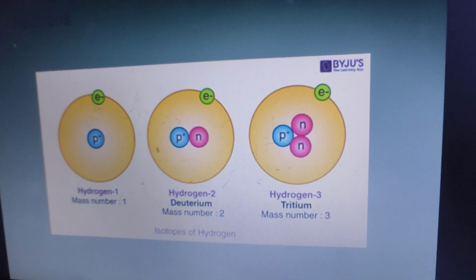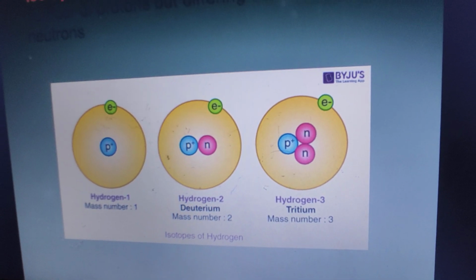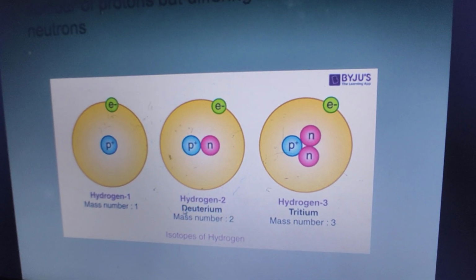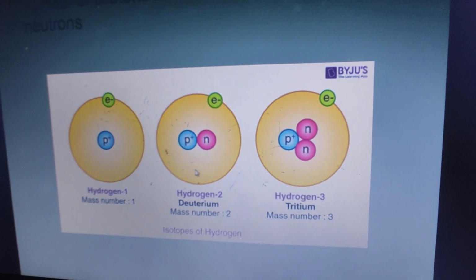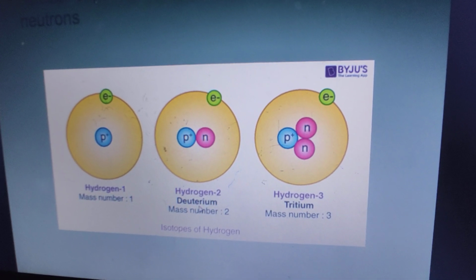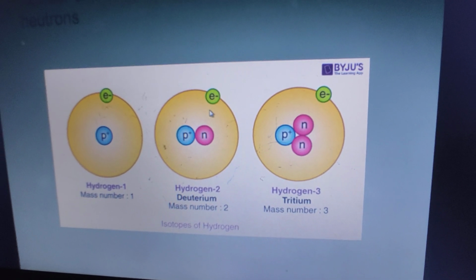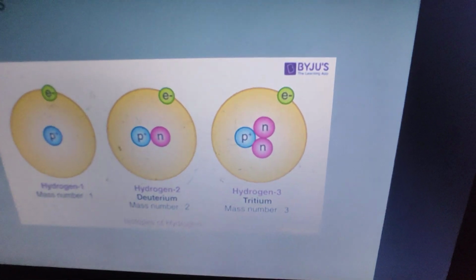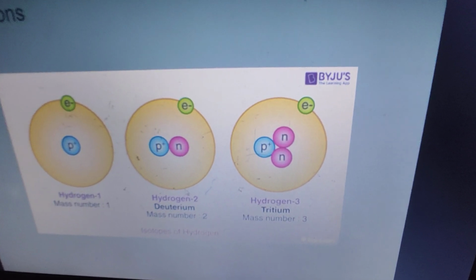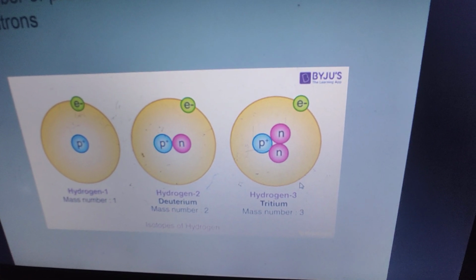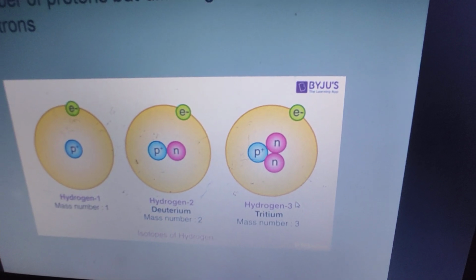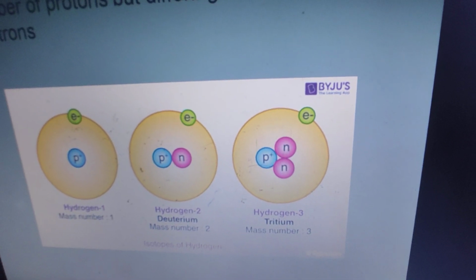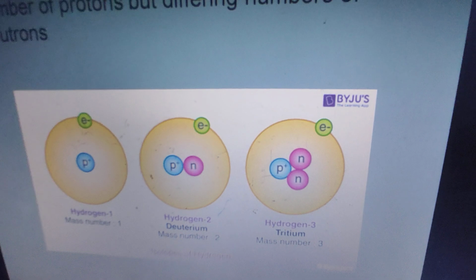Here you can say hydrogen. Hydrogen is an atom which has only 1 electron. When this hydrogen is in deuterium state, we usually represent it as H2. So this hydrogen is H1, deuterium is H2, and the tritium is H3. So what happened? The electron number is fixed, that is atomic number is fixed, but only the mass number changes, increased by 1.